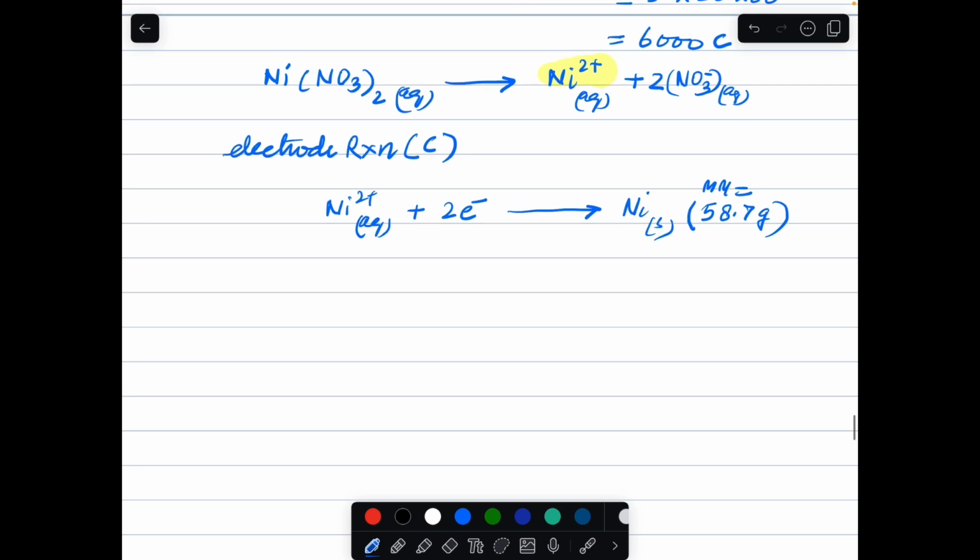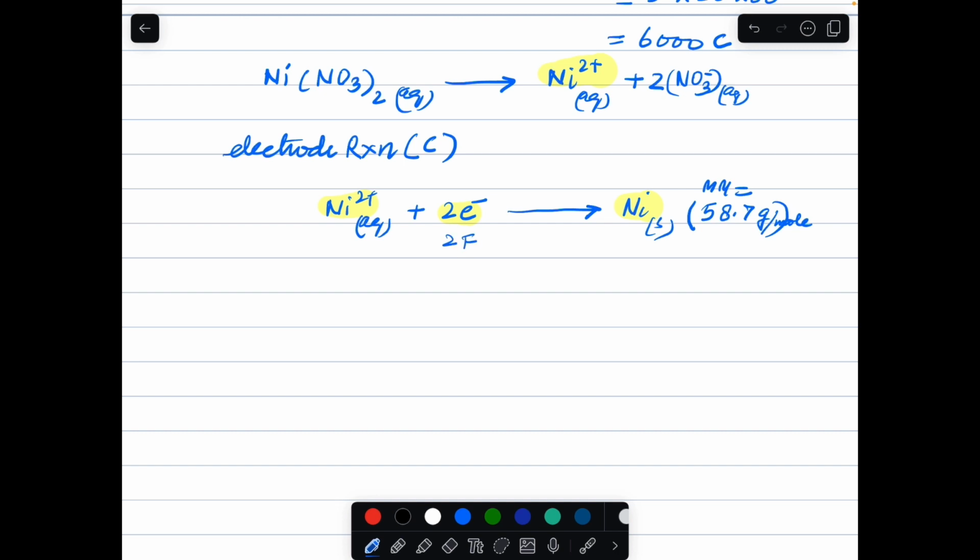So we will calculate with the help of this value. Have a look here. When we are having 1 ion of nickel, for the reduction of 1 ion of nickel on cathode, we need 2 electrons to get 1 nickel metal, which has the mass 58.7 grams per mole, because it is molar mass. But for this process we need 2 moles of electron, that means 2 Faraday of charge is required.